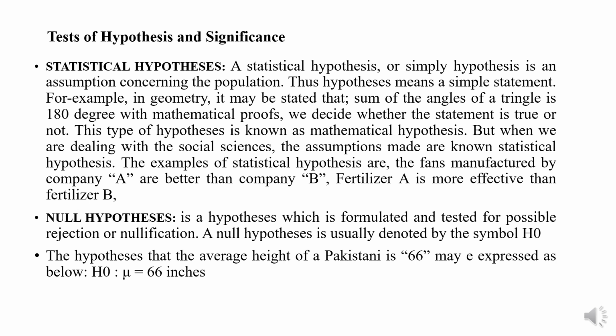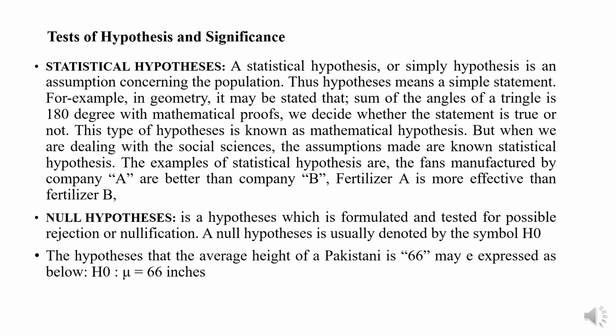So we check both of them and compare the results of company A and company B. So we conclude that the fans manufactured by company A are better than company B. Similarly, fertilizer A is more effective than fertilizer B. After the conclusion, we will decide which one is better than the other.